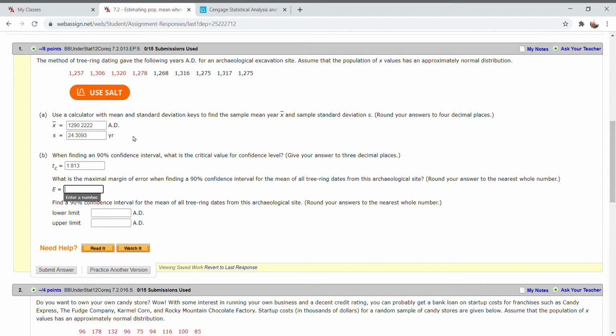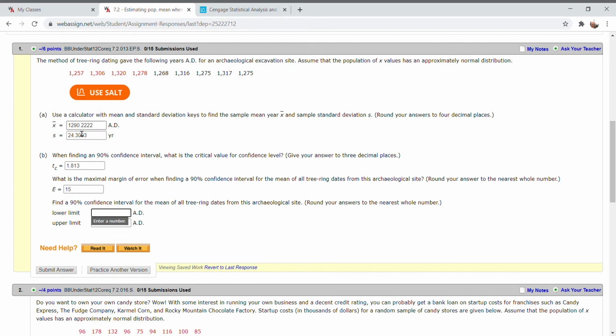So multiply that by 24.3093. And then when you divide that by square root of n, which is square root of 9, you're basically dividing by 3. And I get 14 point, rounded to the nearest whole number. That surprises me. I actually have 14.6, so I'm going to call that 15.